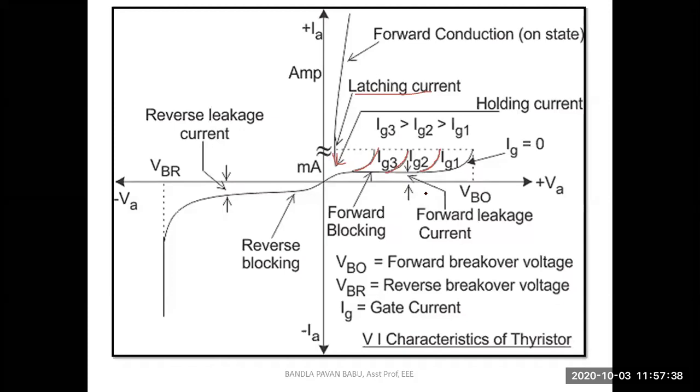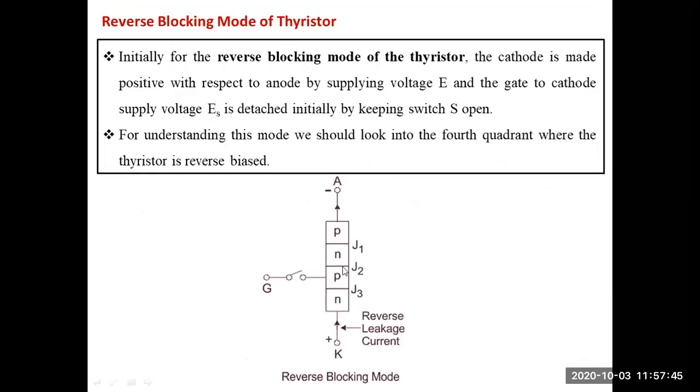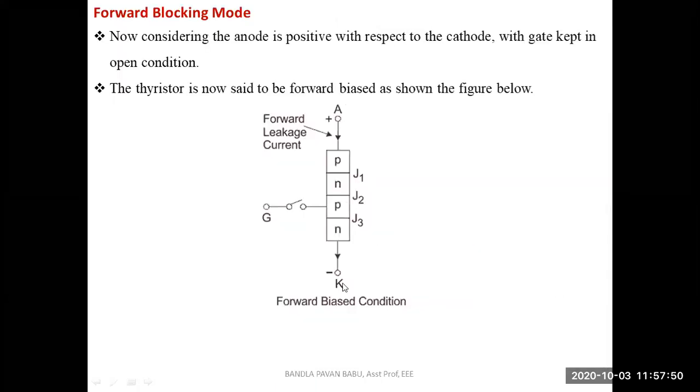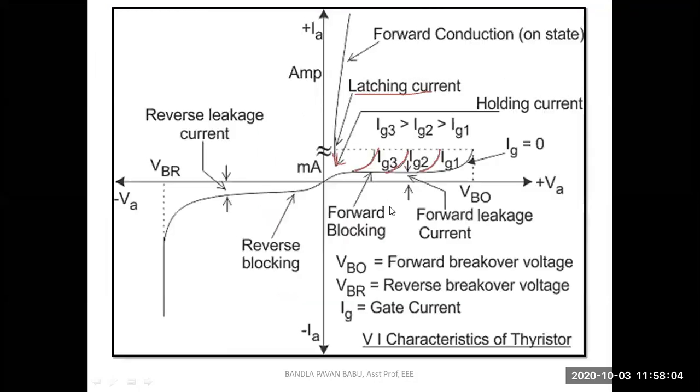I repeat once again, what about the forward blocking state? Here the anode is made positive and the cathode is made negative, and there is no gate current. In this mode, J1 and J3 are forward biased and J2 is reverse biased. Because of this reverse bias, a small amount of leakage current flows, which is the anode current.